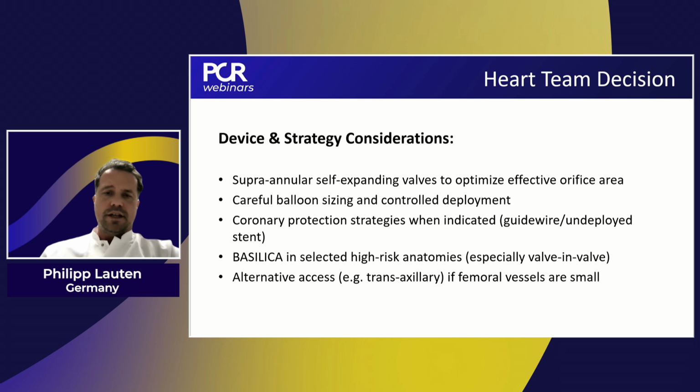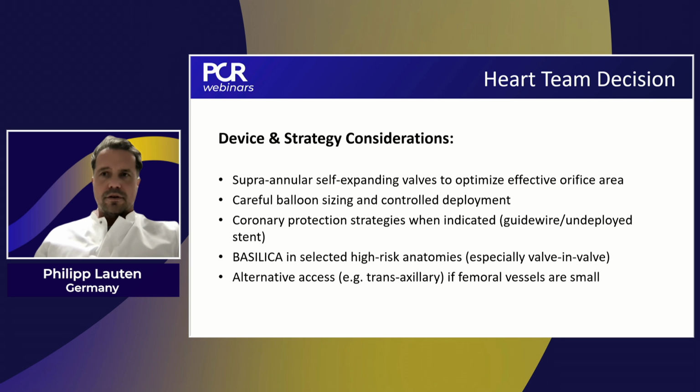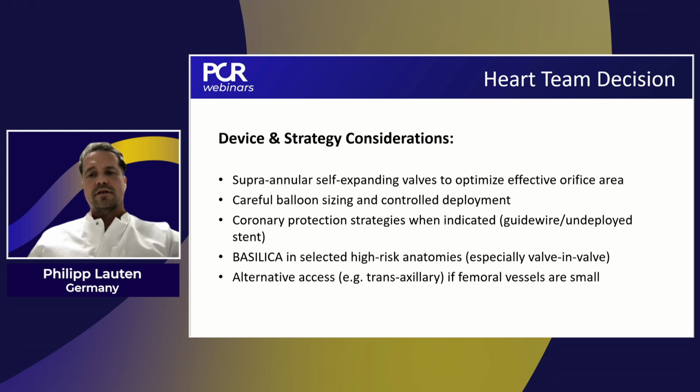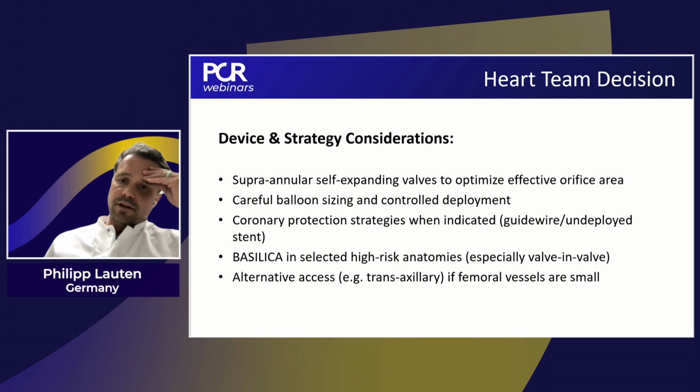And if you need, in our case was not needed, coronary protection strategies, you can use a guide wire or an undeployed stent for parking in the coronary artery, maybe for chimney technique or in selected cases, maybe BASILICA, like the idea for leaflet modification, just to avoid obstruction and to give the possibility to recannulate the coronary arteries.